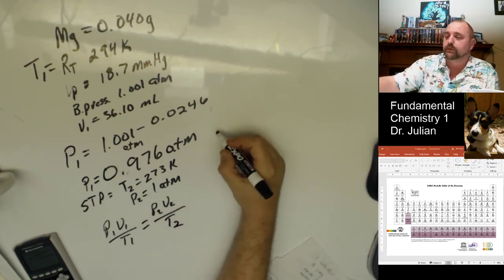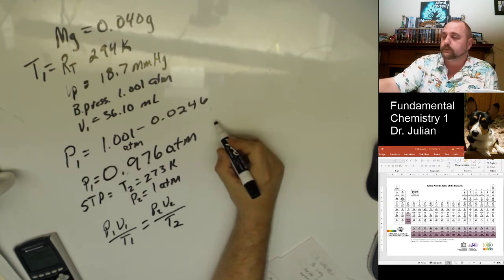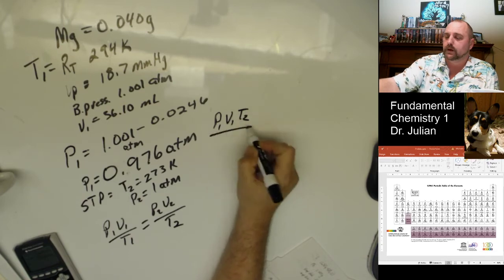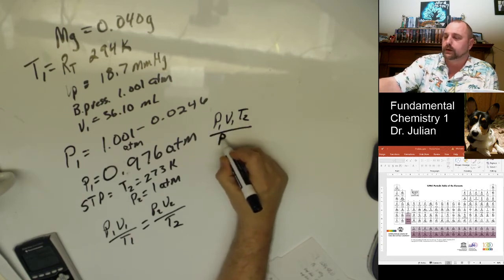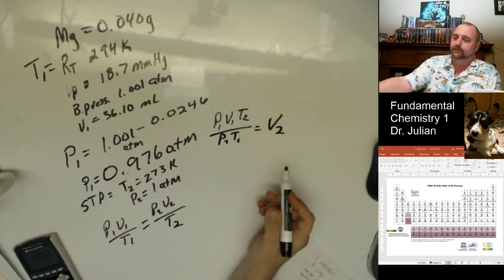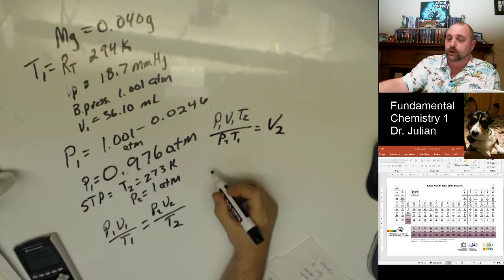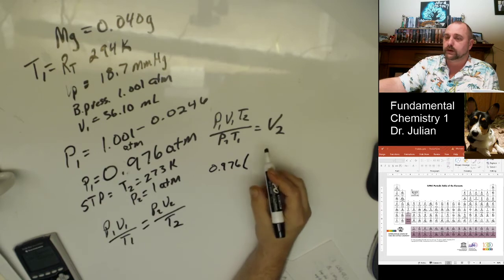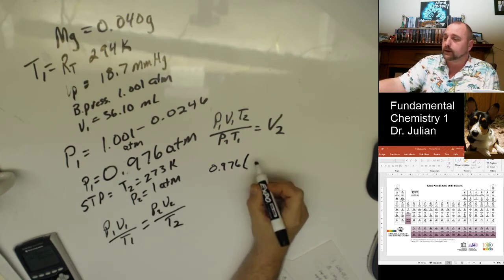So we'll move that over here. P1 V1 times T2 will be P2 times T1 times my V2. Pressure 1 was 0.976. V1 we could take to liters, or we can keep it as milliliters.